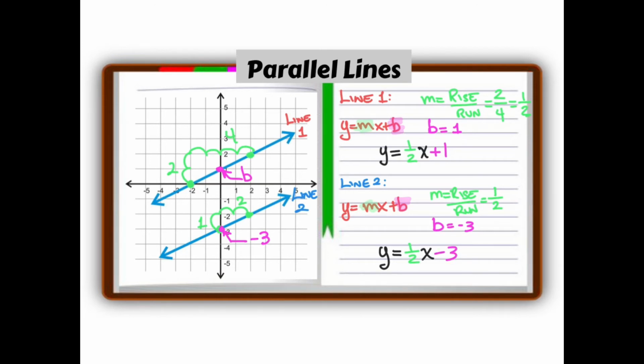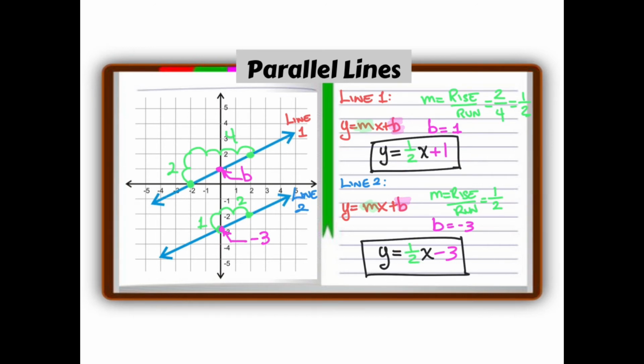Okay, so now let's focus on this. We have this equation and this equation, and what do they have in common? Both of my equations have the same slope right here. So we can say, and that's actually our rule, that for you to know if you have parallel lines, the slopes have to be equal.